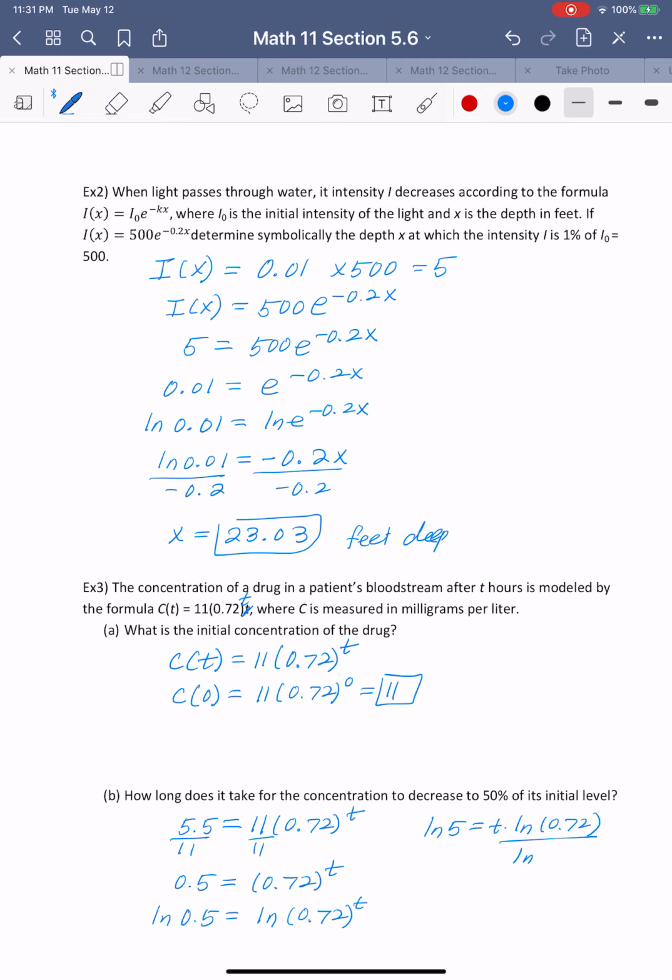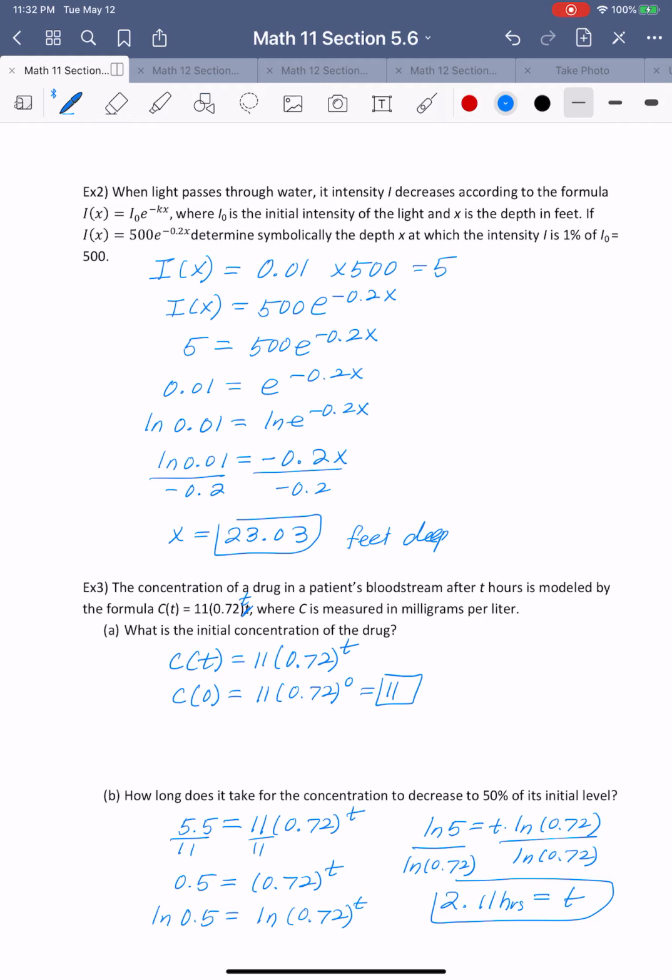Divide by ln 0.72 on both sides, and t is 2.11. That should be hours, because t is usually hours.